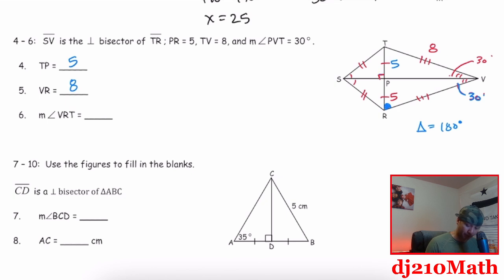This is a perpendicular bisector, so it's actually 90 degrees. So minus 90, and then minus 30 because they told us one is 30. So we have 30, 90, and the unknown. All three have to add up to 180, so this is going to be 60. VRT is 60 degrees.